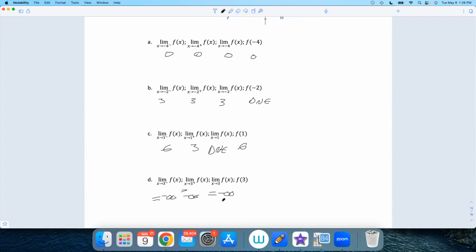It really doesn't equal anything. This is just a way of conveying information to somebody to explain what the behavior of your graph is. It's not a true limit. And then f of 3, there is no y value. There's no solid dot anywhere above or below 3. That does not exist.